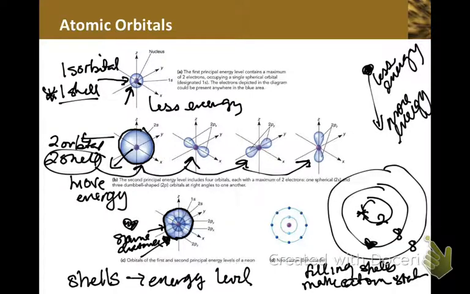So you can have less than 8 in there, but it's not going to be stable. What's going to make it stable is trying to get to 8. So if your atom only has 6 electrons, then it's going to interact with other atoms to try to get the 2 more to make 8 to make it stable. And then essentially this guy right here would be farther out. So hopefully that helps you understand the difference between atomic orbitals and shells.